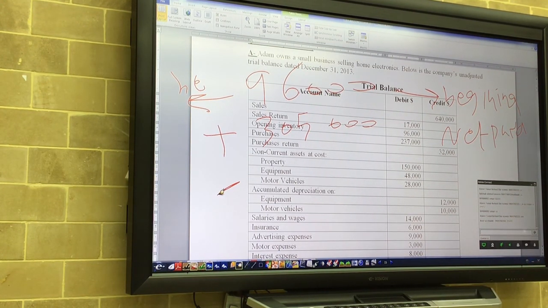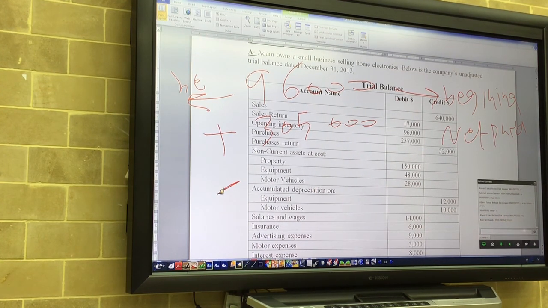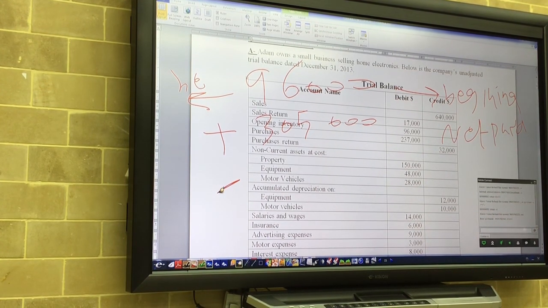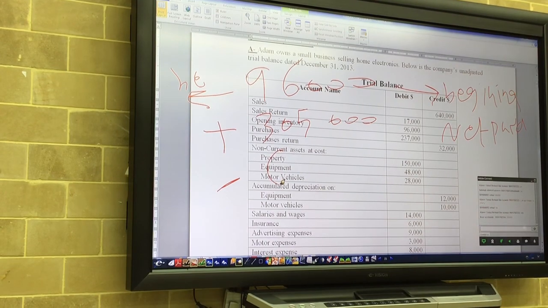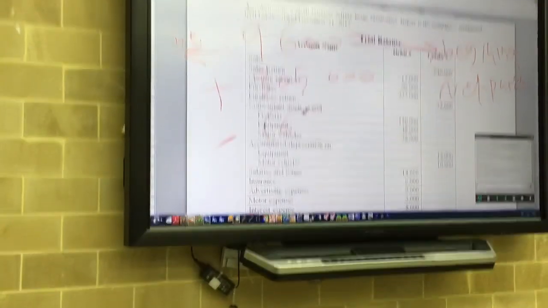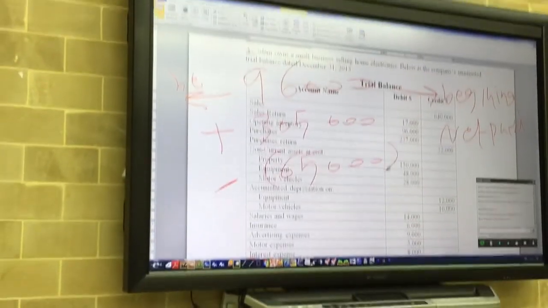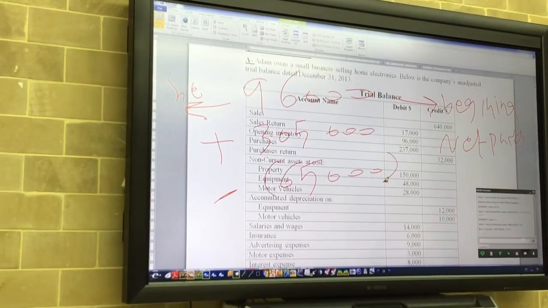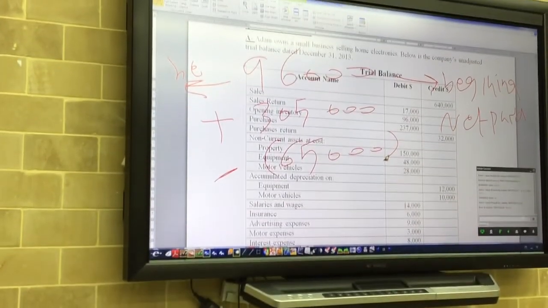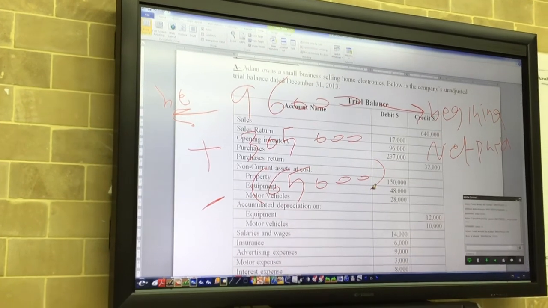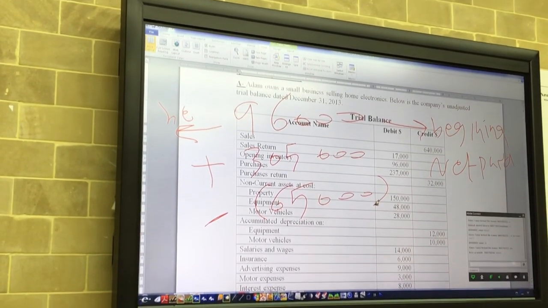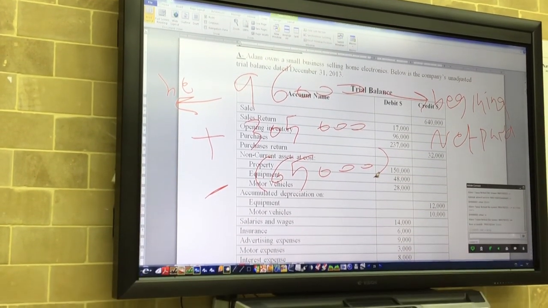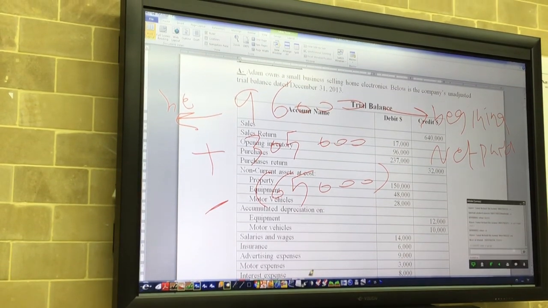The ending inventory from the information was 65,000. So 96,000 plus 205,000 minus 65,000, you will find the amount of the cost of goods sold.